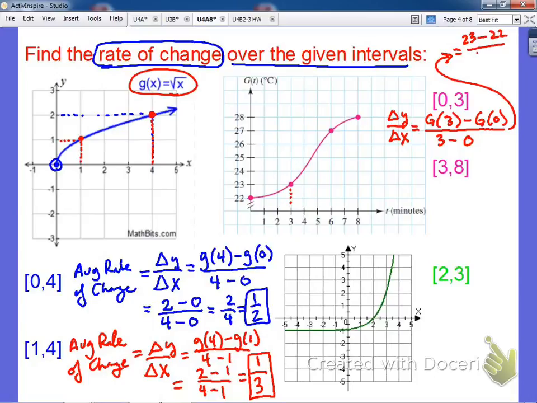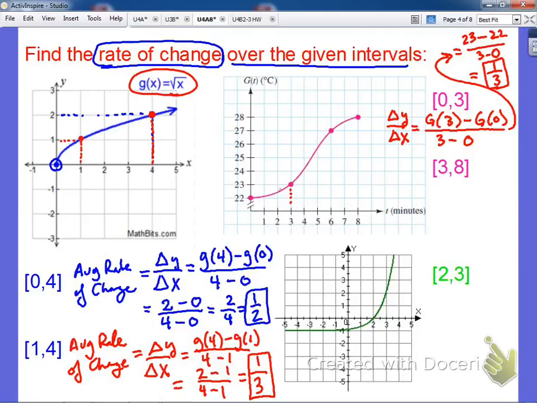Minus 22. All over 3 minus 0. So, 23 minus 22 is 1 over 3. So right here, the slope is 1/3. The rate of change, the average rate of change is 1/3.